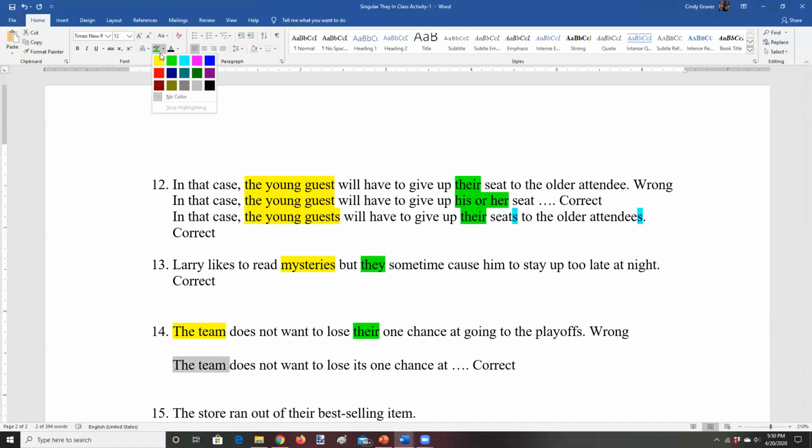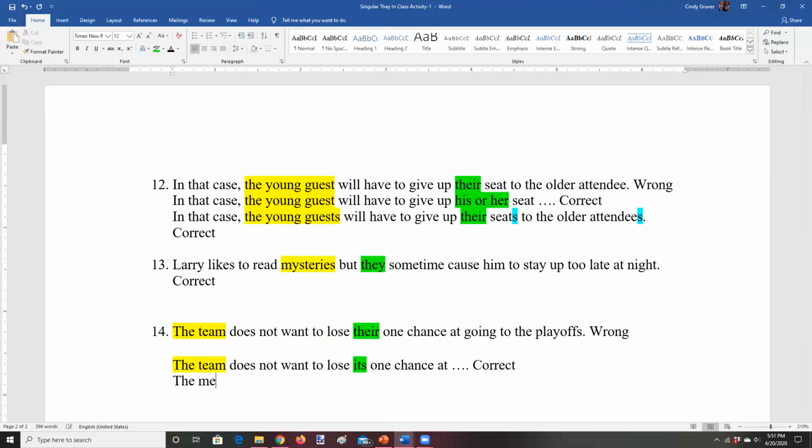But again, there's an easy fix if this sounds awkward to your ears. What we can do is say the team members or the players on the team do not want to lose their one chance. And this is also correct.